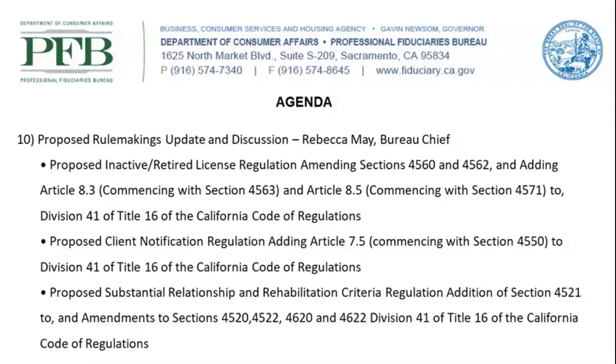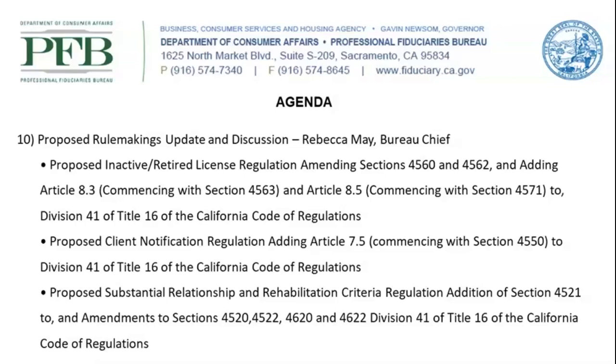The last proposed rulemaking on the agenda is related to implementing new guidelines for the denial of a license as required by AB 2138 of 2018. This has been a very large department-wide effort as AB 2138 impacts all the licensing programs under the department.